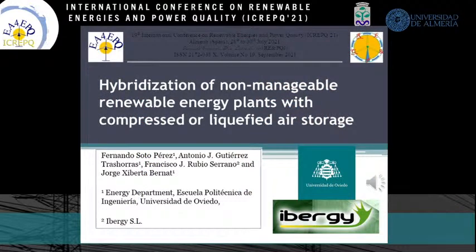Ladies and gentlemen, it is a pleasure for me to be here on behalf of our working group from University of Oviedo and the company Verdi to present our work called hybridization of non-manageable renewable energy plants with compressed or liquefied air storage.